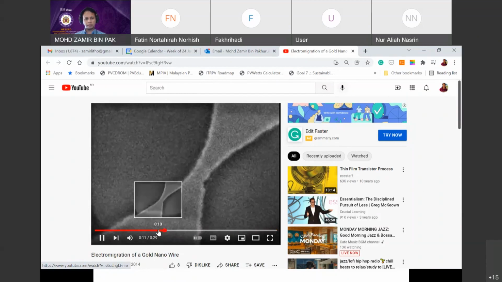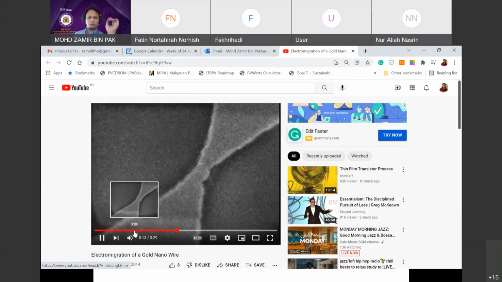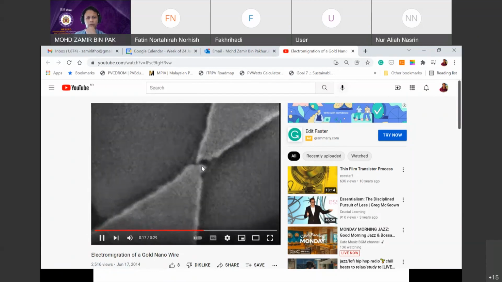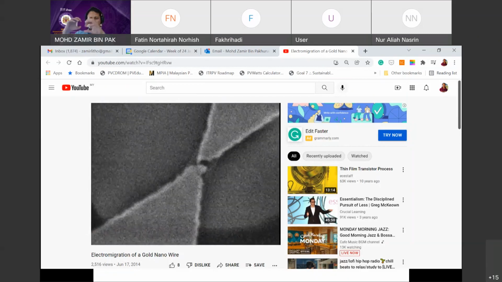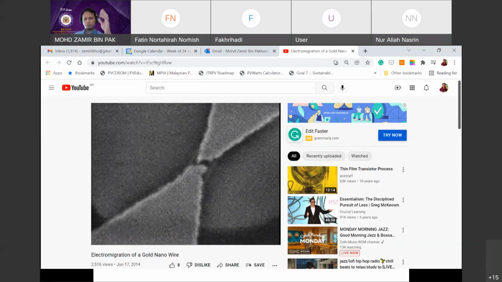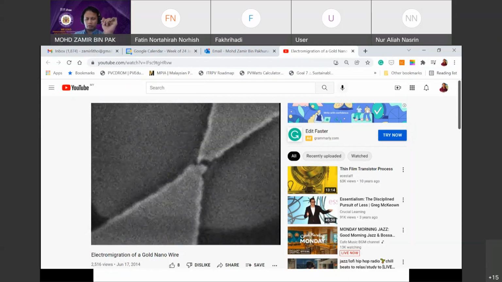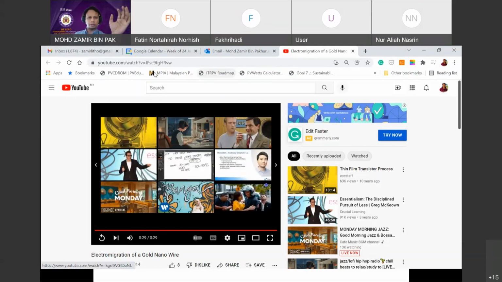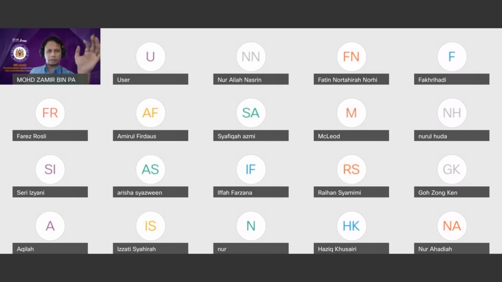Ulang 9 minit kat tengah ni. So you can see it starts forming electromigration. Dan nampak dia punya gold wire tu dah atom dia transported, dia macam ada pergerakan, and eventually the kat tengah tu is the small area of the contact is gone. Okay, it's gone and then it breaks the whole thing. It breaks the whole thing, right? So maknanya you punya contact will be disconnected in the center due to electromigration.